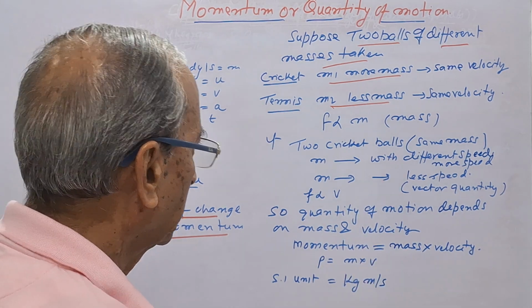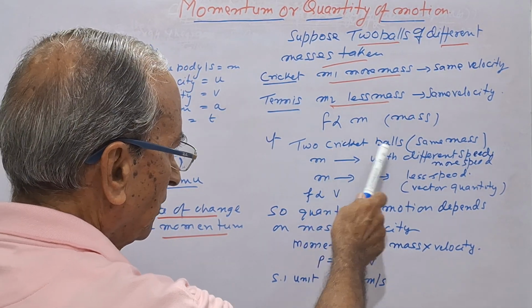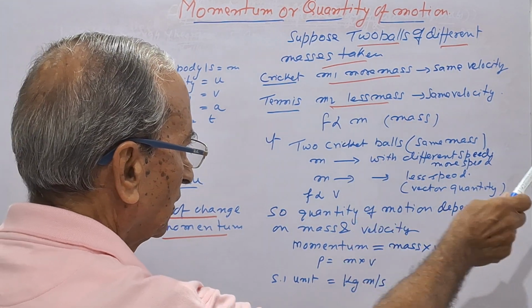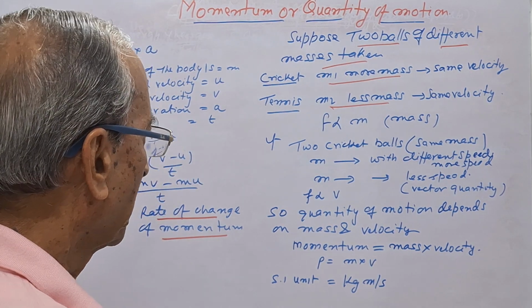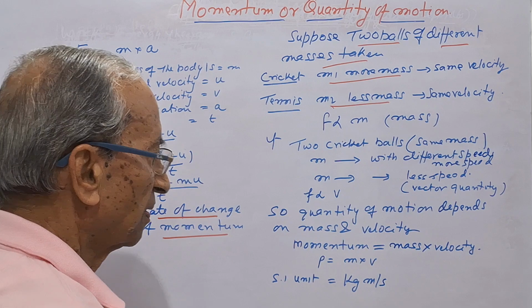Now take this example in another way. If two cricket balls of the same mass are thrown with different speeds in the same direction, here the mass is the same but the speed is different.